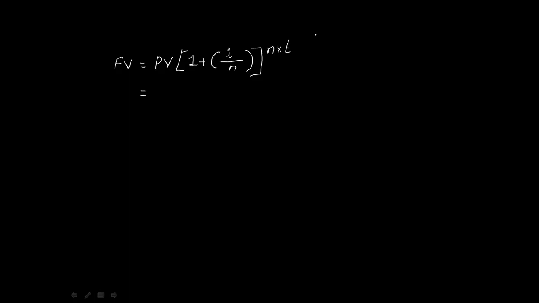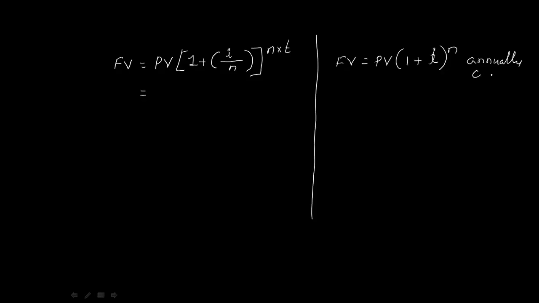If compounding annually is there, how do we calculate this? Future value is present value into bracket 1 plus I, complete the bracket raised to n. So this is annually compounding. Annually compounding equation.